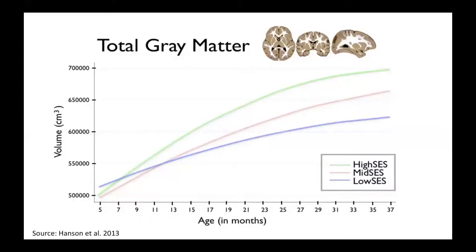What I really wanted to show with this slide, which comes from a neuroscientific study in which the volume of children's brain gray matter was followed from birth to age 3, is that if you look at the 5 to 7 month range for child's age, you'll see there is absolutely no difference in relation to the socioeconomic status in which the family finds themselves, whereas there is a meaningful difference, a gradient in terms of socioeconomic status, by the time the children reach 3 years of age.